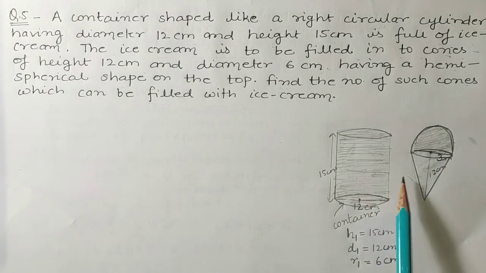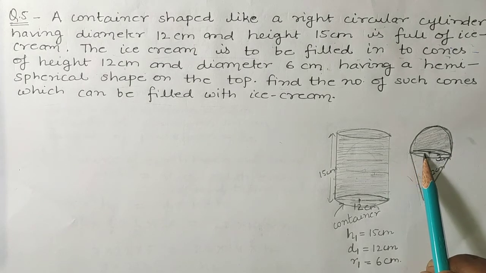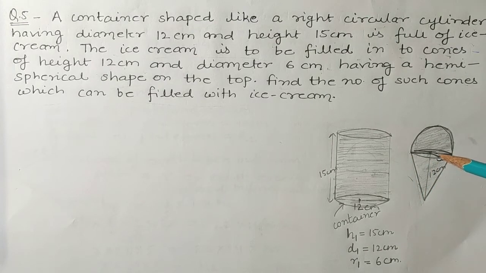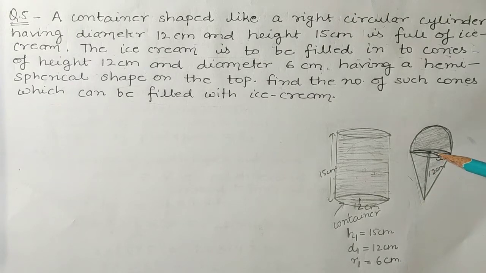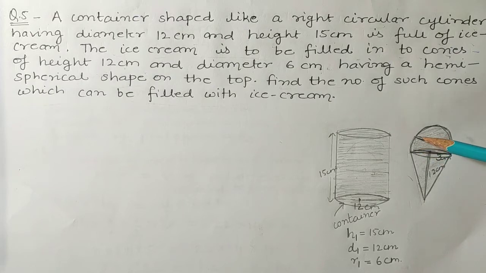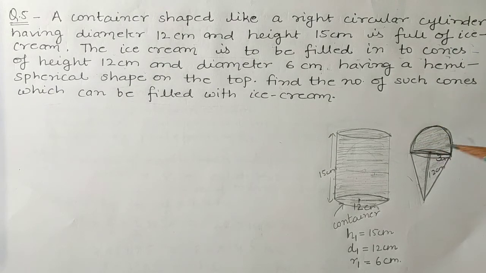It is given that the diameter of the cone is 6 centimeter and the height of the cone is 12 centimeter, and also that this cone has a hemispherical shape on its top.